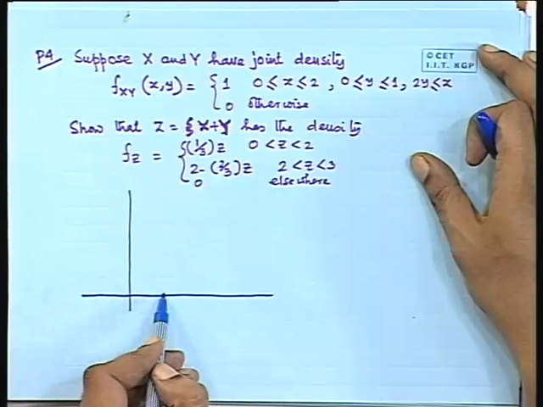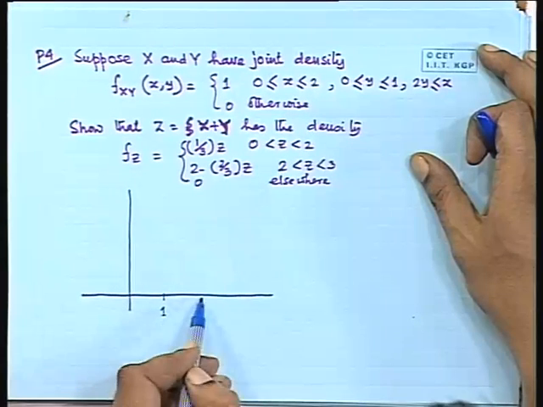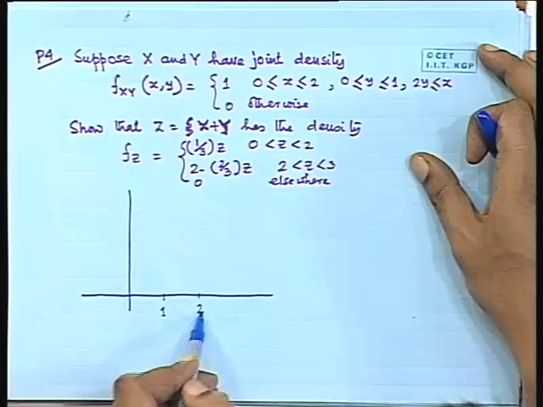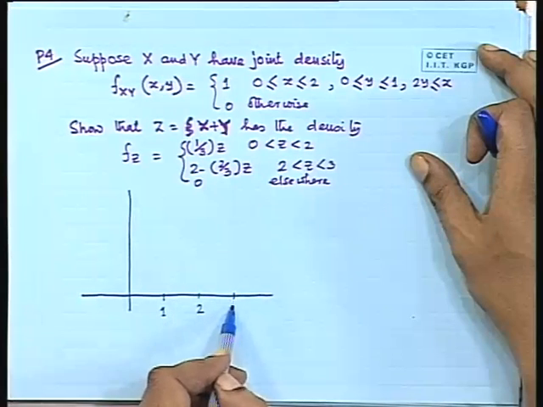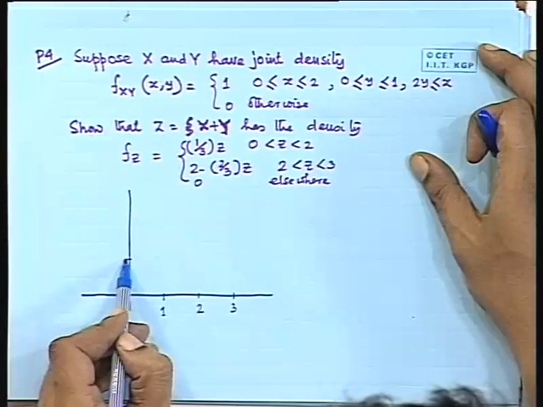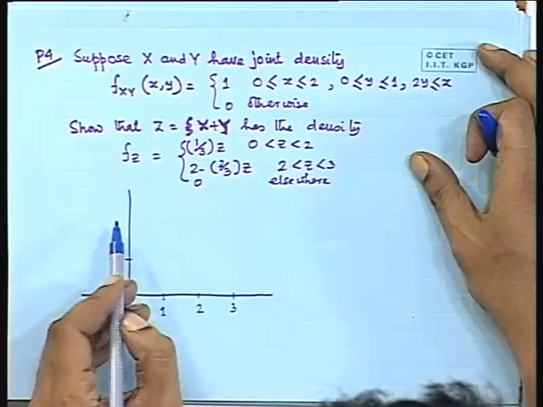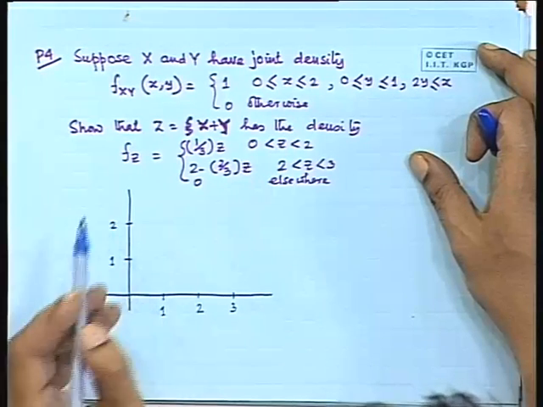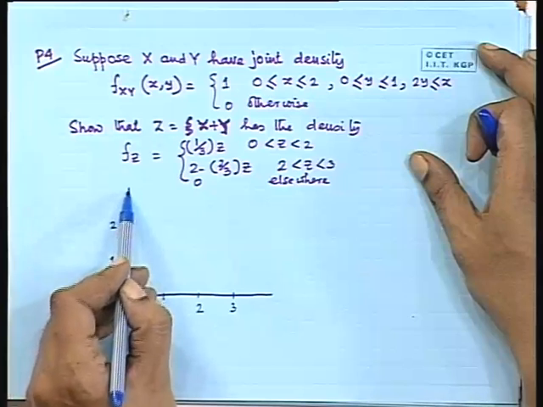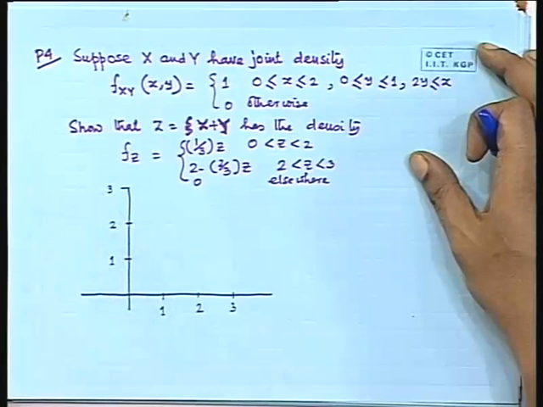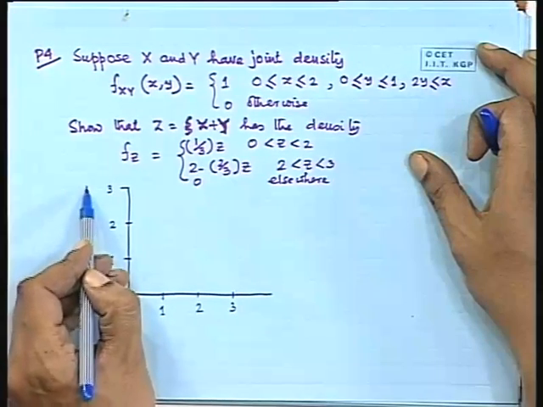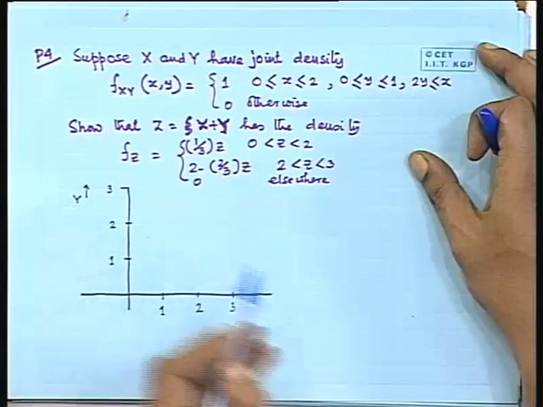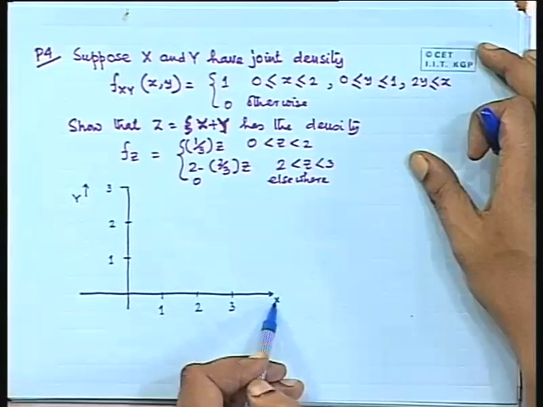So suppose this is 1, this is 2, this is 3. Similarly, this is 1, this is 2 and this is 3. This is the xy plane. This is y, this is x.